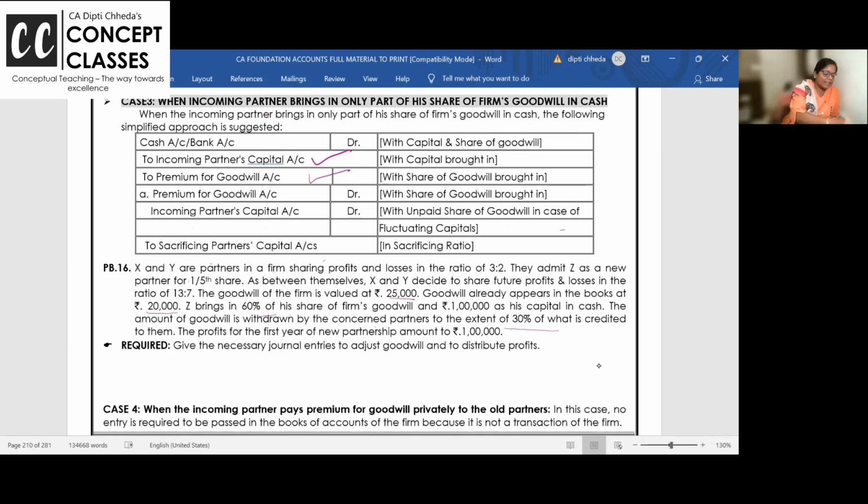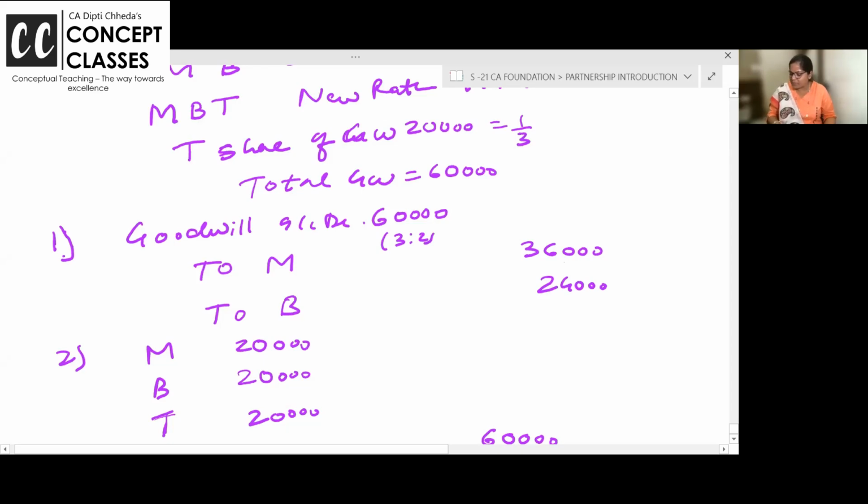Let us take up problem number 16 now, and we will write it as case 3. This is the third variety of the problem for goodwill.